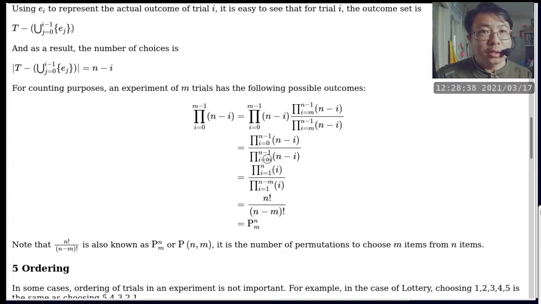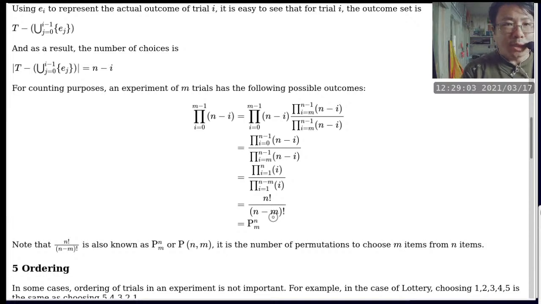What about the first one? The first one is n minus m, right? So that means at the bottom here, we just end up with n minus m factorial, because I can change the way I index and also change the expression that I'm multiplying for each step of the pi, and we end up with just n minus m factorial.